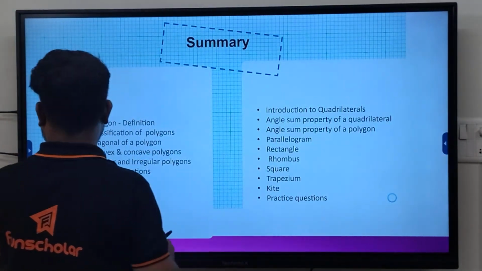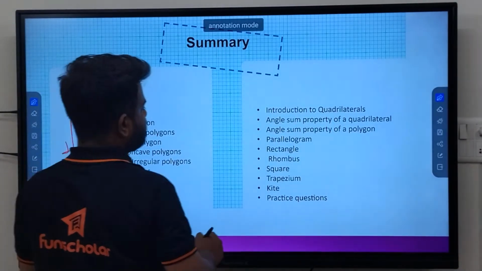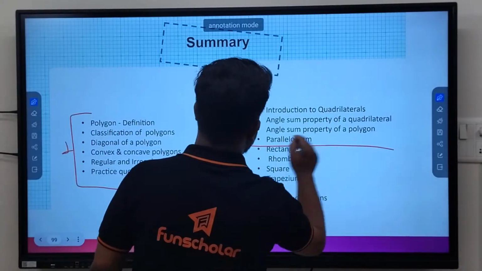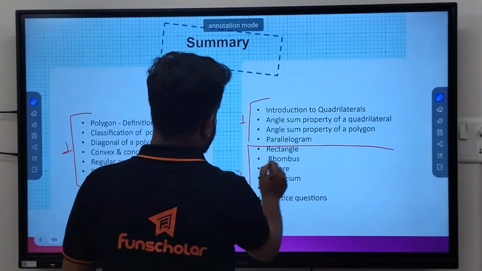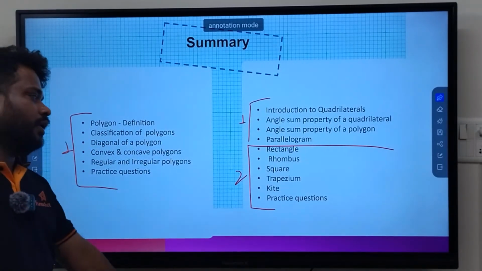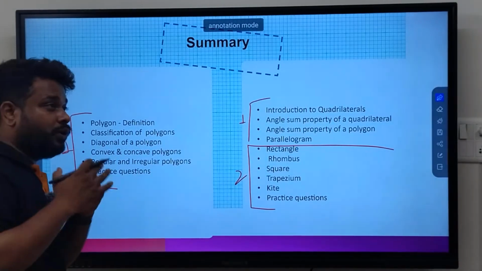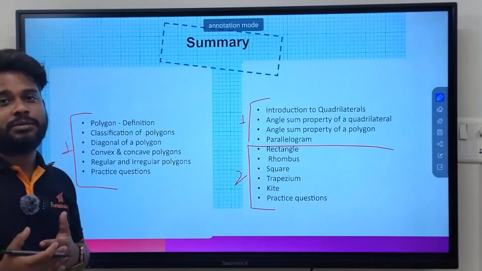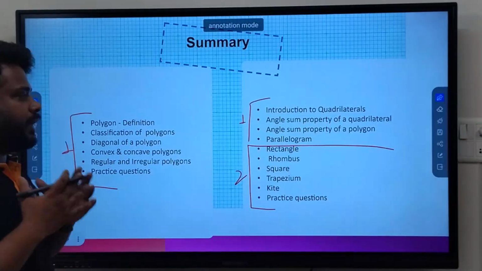Up to parallelogram we covered in the first class, and from today we discussed from the rectangle to kite, and also practiced some questions. In this class we also studied some theorems. So theorems you have to practice a little bit more to get better at them.